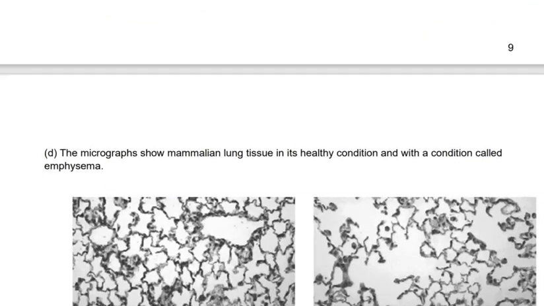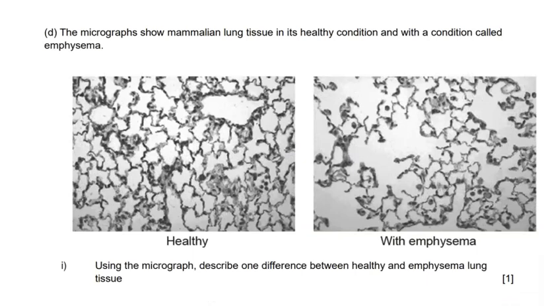Moving on to this image here, let's look at the stem. So the micrograph shows mammalian lung tissue in its healthy condition, that's this one here, and with a condition called emphysema, this one here. So I think it's always important for students to spend a moment at least making that comparison before proceeding to the actual stem of the question.